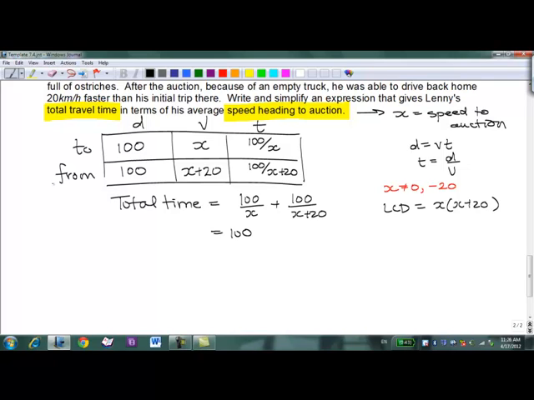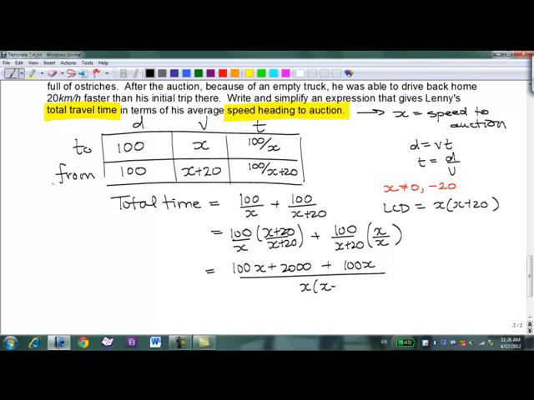So we have 100 over x. I need the x plus 20 here still. And we have the 100 over x plus 20, which needs to get multiplied by x over x. So this is a fairly straightforward question with common denominator of x plus 20.